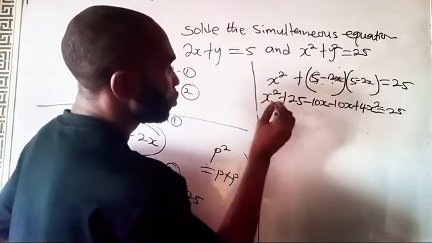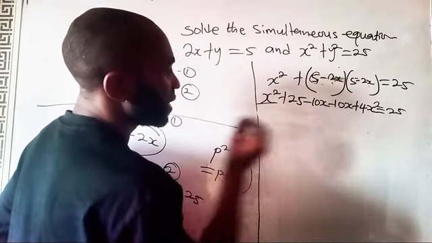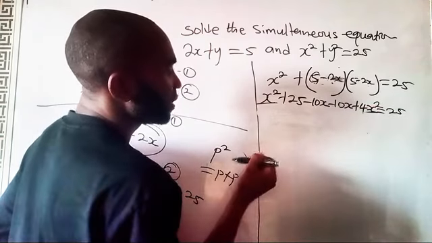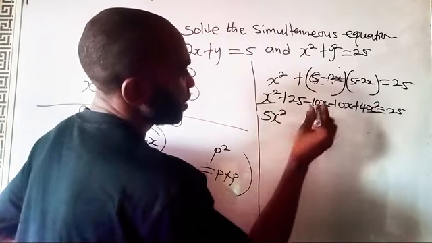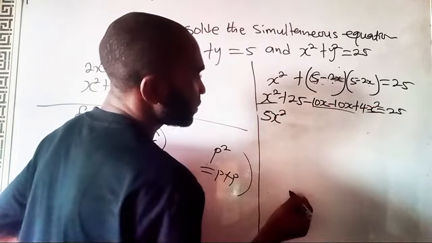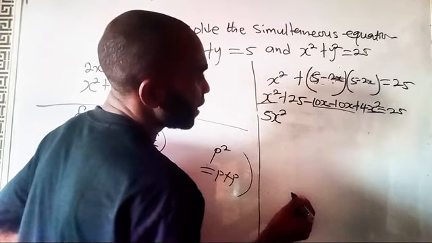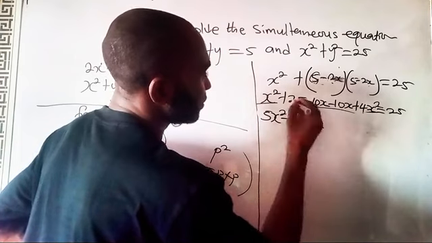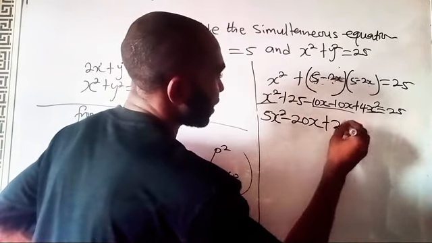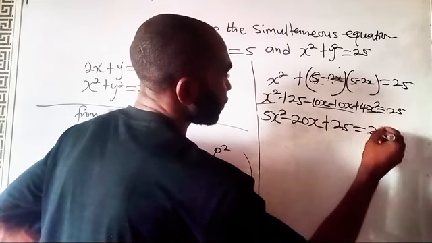So we know we have 1 of x squared here and we have 4 of x squared, so we're going to have 5x squared, right? Then we gather minus 10x and minus 10x, that gives us minus 20x. Then plus 25 is equal to 25.